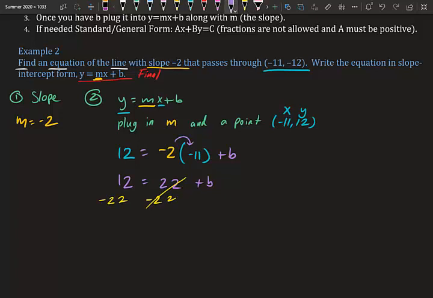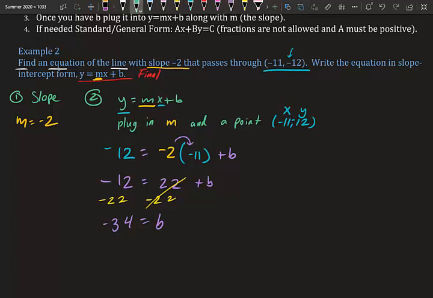Sorry, that's supposed to be negative 12. I wrote it down wrong right here. That's negative 12, negative 12, negative 12. There we go. I'm sorry about that. So when we plug it in, we do 12 minus 22. We get negative 10 equals b. So that's what b is.